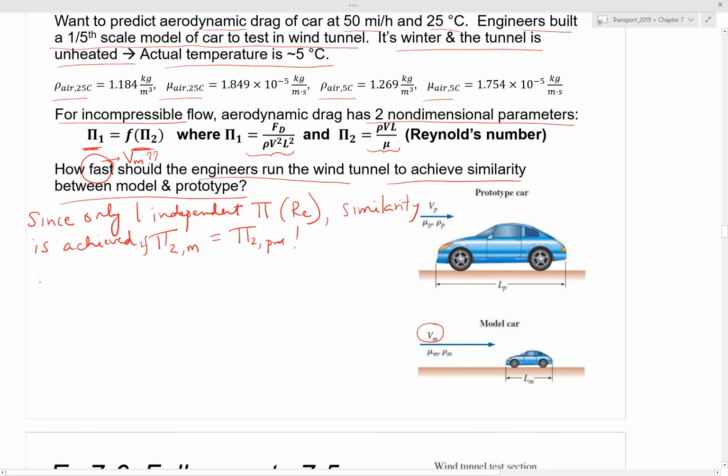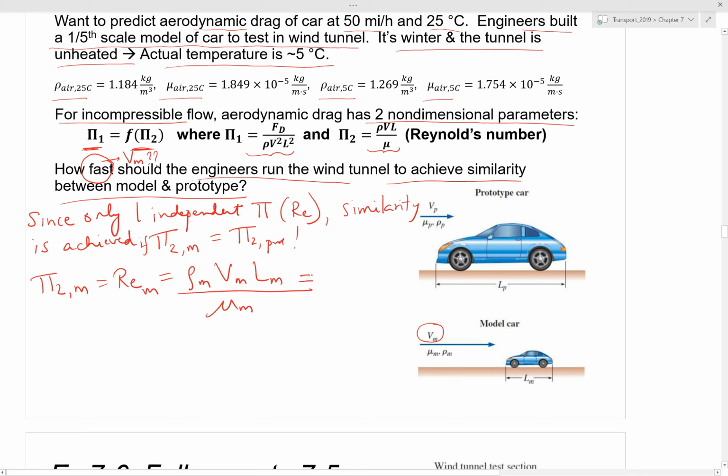Okay, so what is pi 2 model? It is the Reynolds number of the model, which is rho m Vm Lm over mu m.